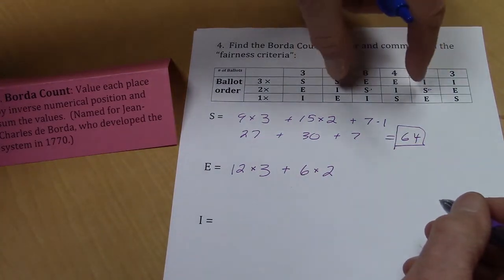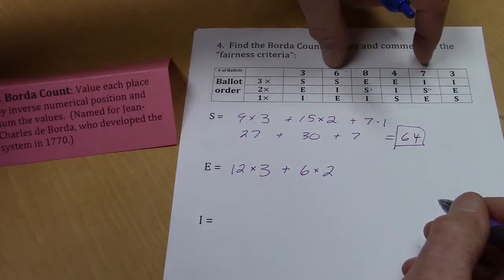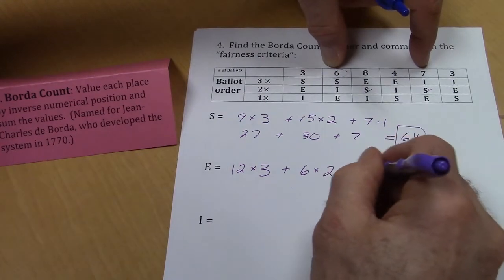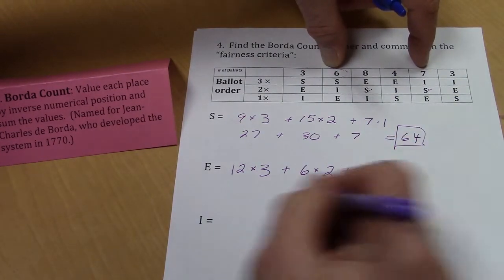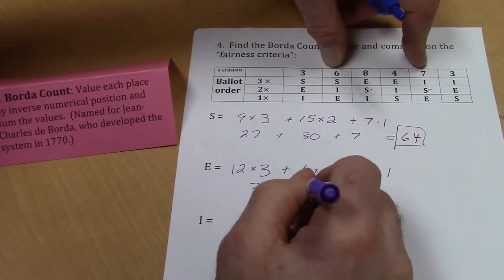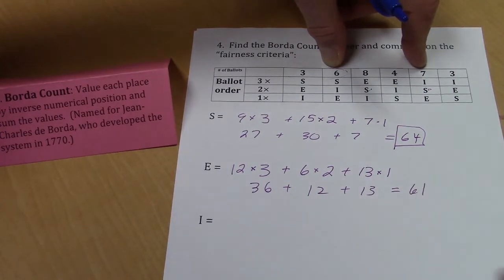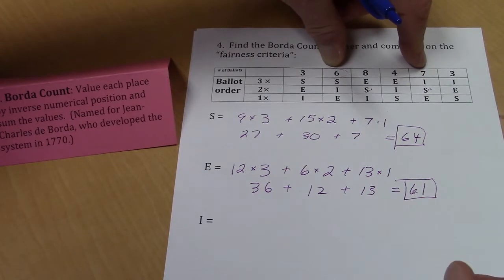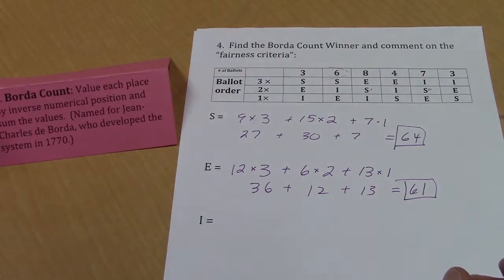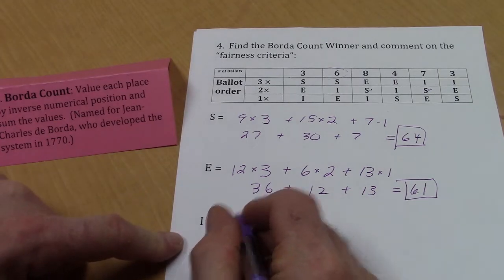And then she got last place on those 2, so 6 and 7. So she got 13 last place votes. So that looks like 36, 12, and 13. That looks like 61 points on the Borda count method for Elastigirl.